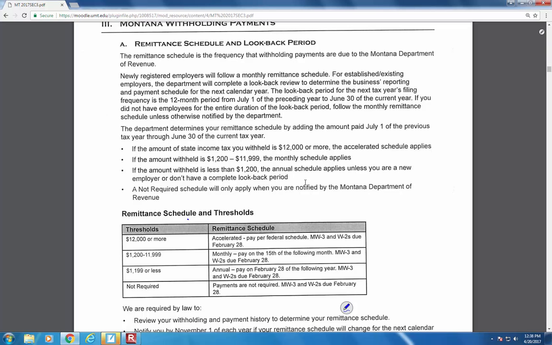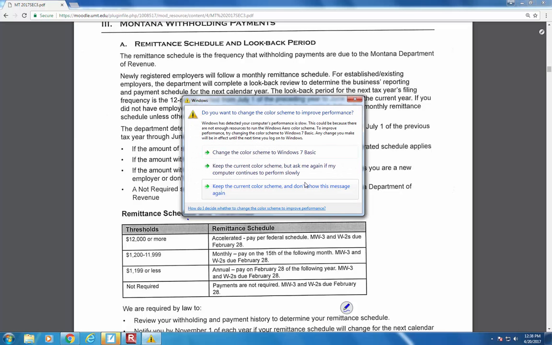So I file and I get a FEIN, and then I'm going to start remitting FICA and FIT, my 941 tax. The first year as a new employer, how often do I go? Very first year I remit monthly, right? Then what does the IRS do after they've got 1 year of history? Anyone remember?